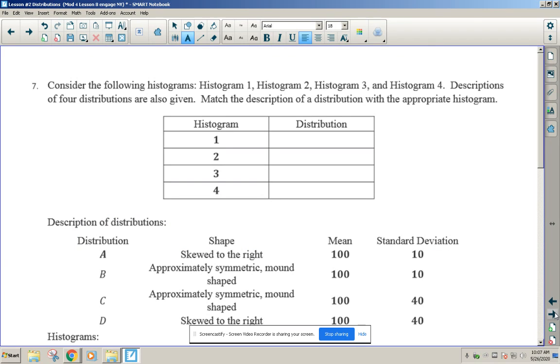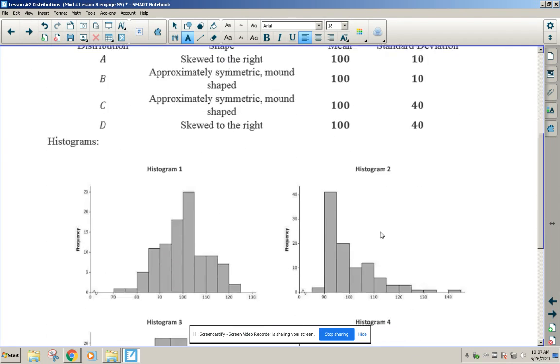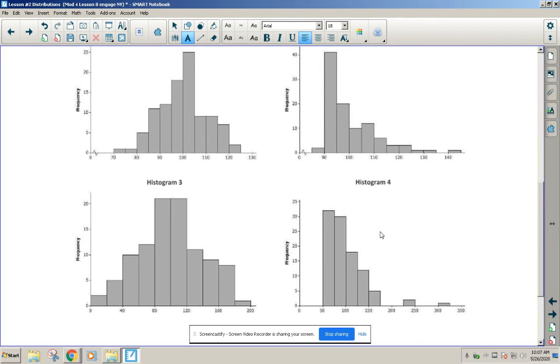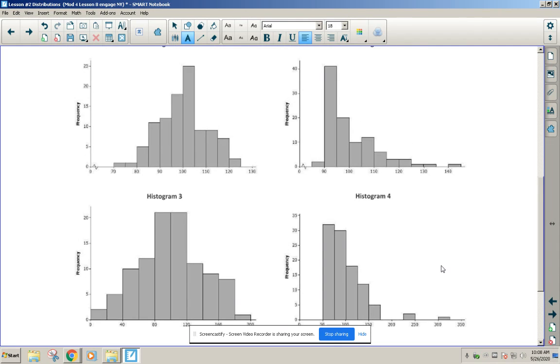So let's take a look at these down here. We have these 4 histograms. And what they're asking us to do is consider the following histograms. We have 1, 2, 3, and 4. And they have descriptions given, and they want us to match the description of the distribution with the approximate histogram. This might be a good time to pause the video and try it yourself and see what you think.